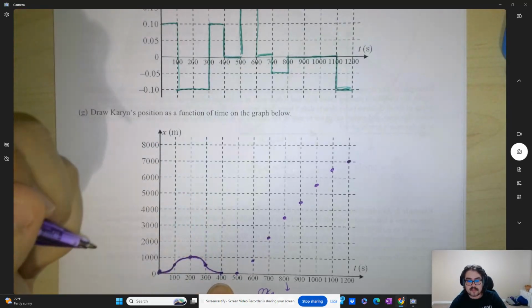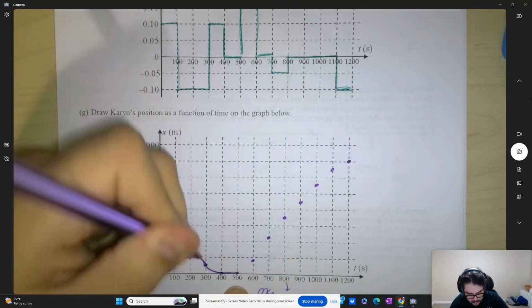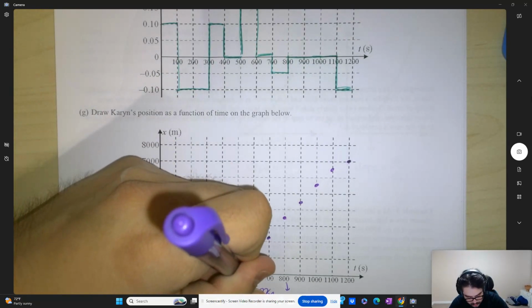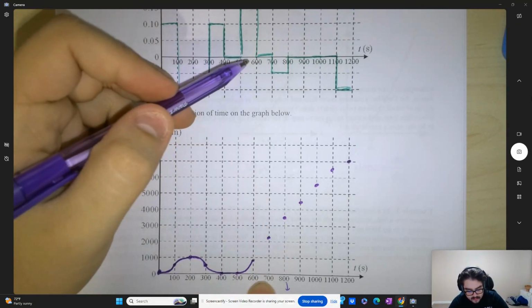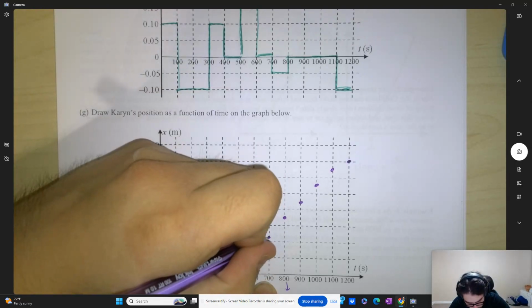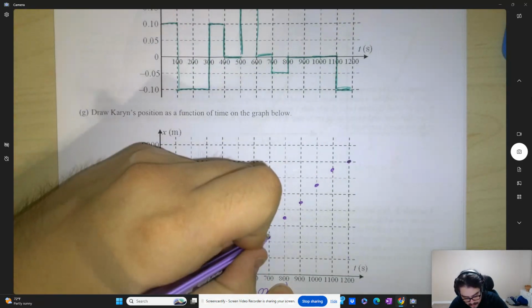At least I'm talking about the acceleration being positive, right? 400 to 500, it should be a flat line. 500 to 600 should be concave up because it's positive. Okay. 600 to 700, there's no acceleration, so it should just be a linear segment.